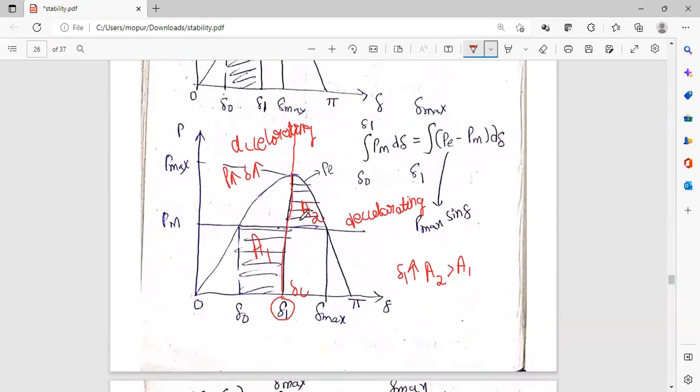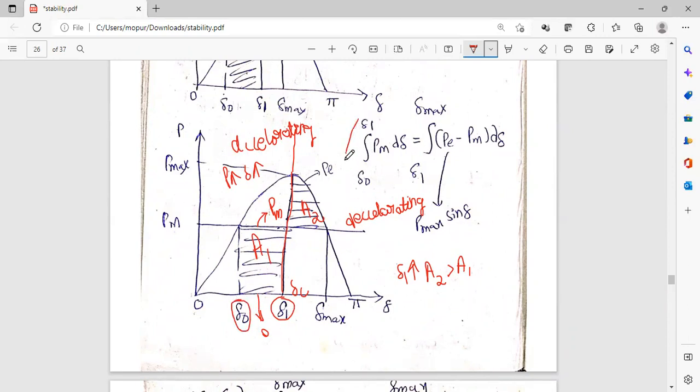Now in this, these two areas should be equal. So what is this area? Here it is PM, and here it is 0, no? This area is ending at 0. So what we can write? From del naught to del 1, integral del naught to del 1, PM minus 0 into d del.